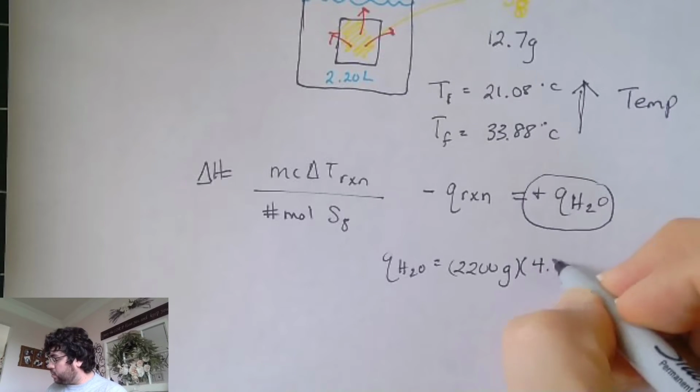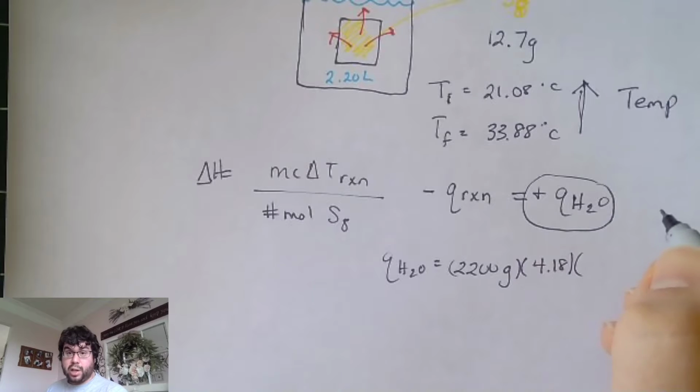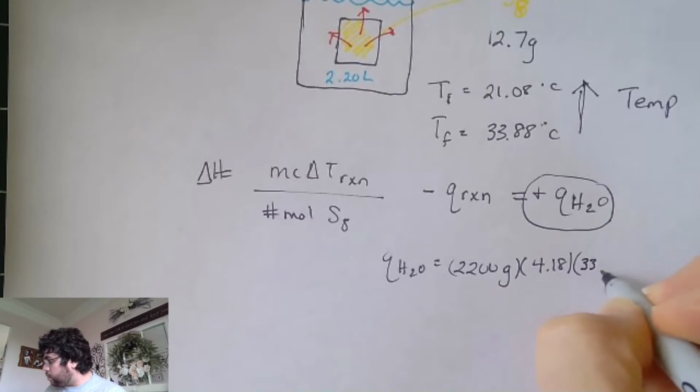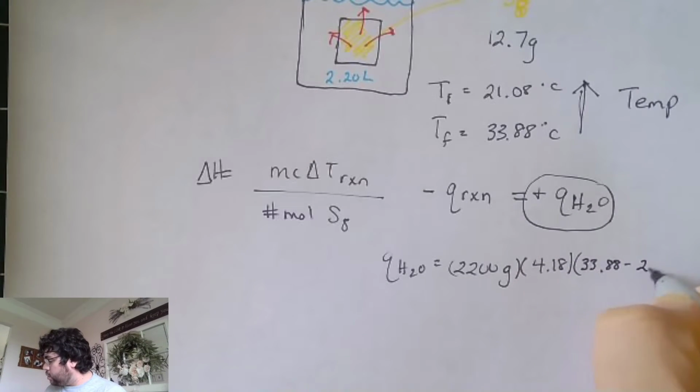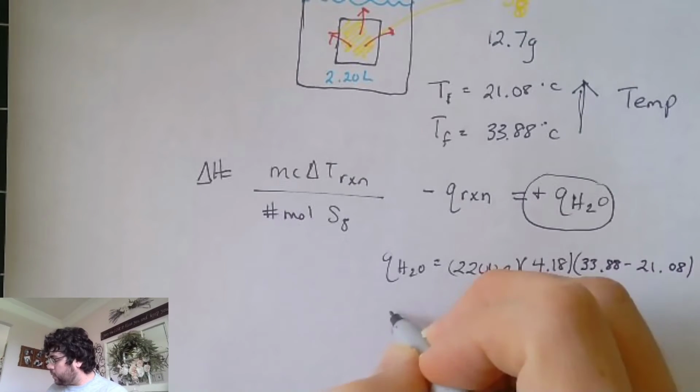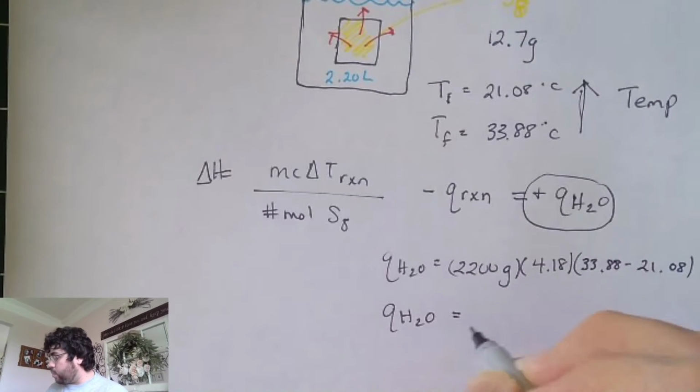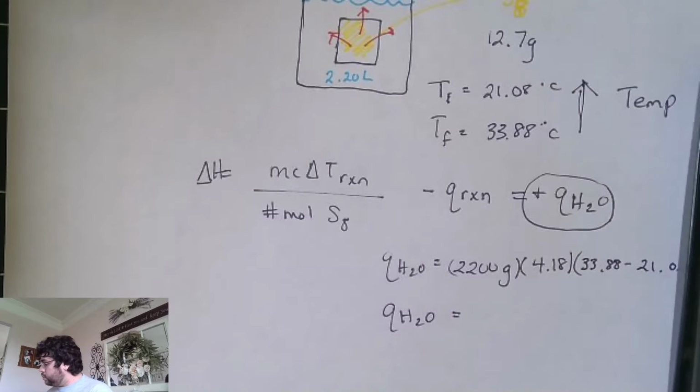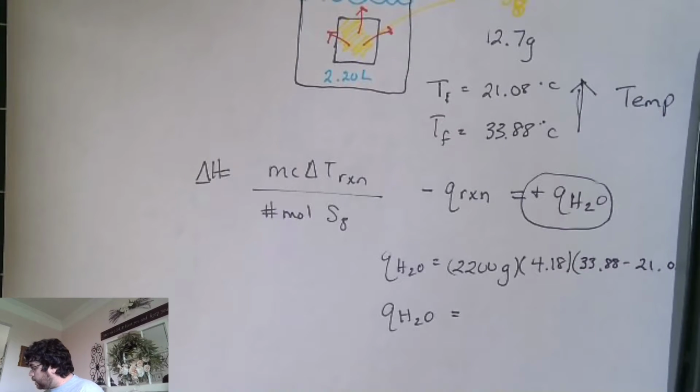The specific heat is 4.18. And the change in the temperature of the water, 33.88 minus 21.08.